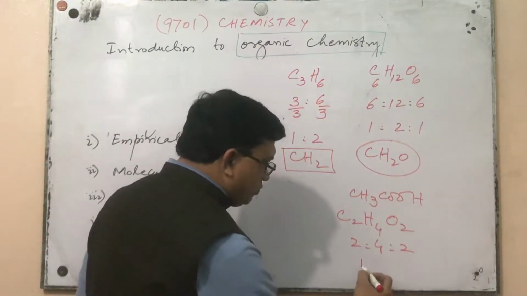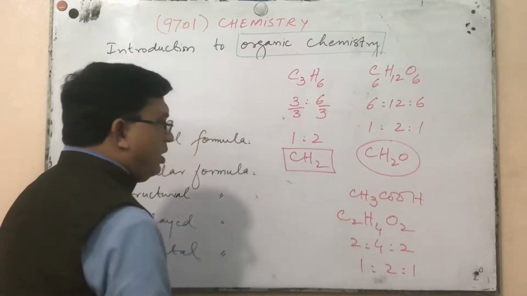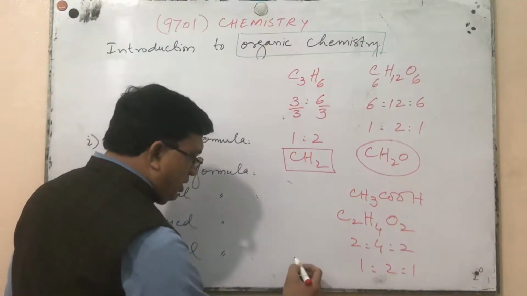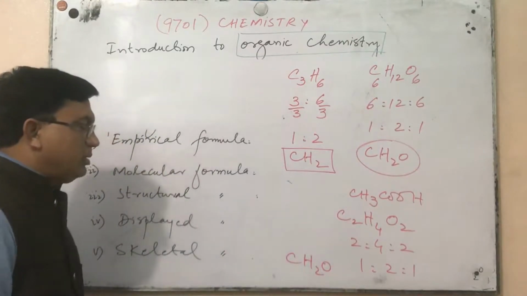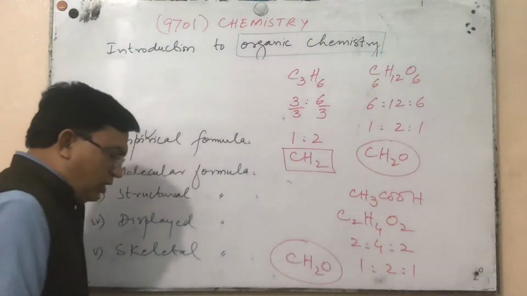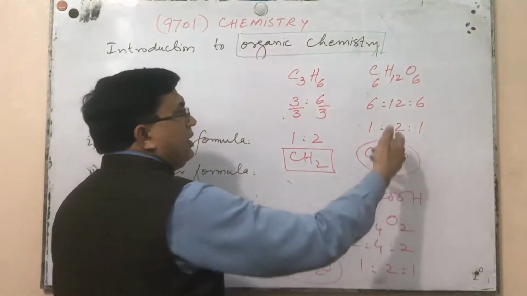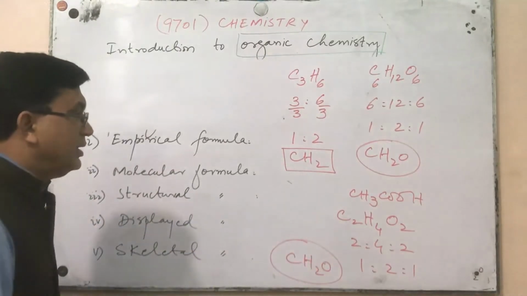If we simplify this, 1:2:1. Again, the formula for ethanoic acid is the same as that of glucose. It means that both of these empirical formulas are the same, but the empirical formula cannot explain whether it is glucose or ethanoic acid.